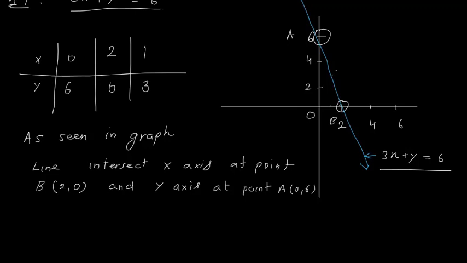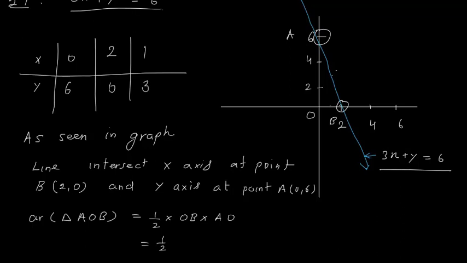And second, the area of triangle AOB. The area of triangle AOB is equal to half into base, which is OB, and height, which is AO.